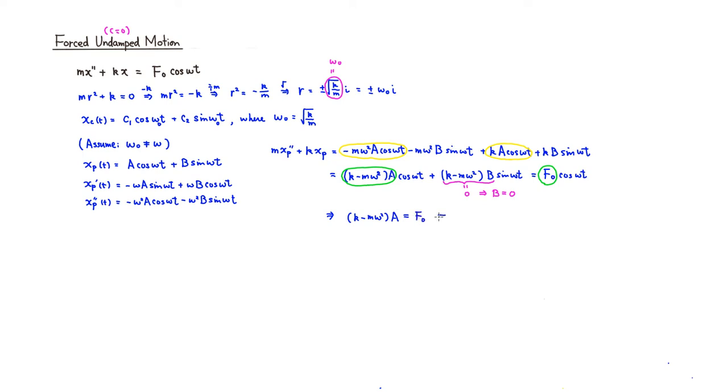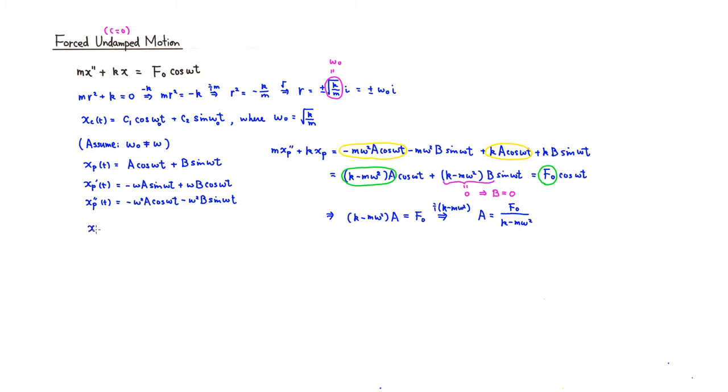So we can figure out a. Divide through by k minus m omega squared. We get a to be F0 over k minus m omega squared. All right, so we have a particular solution.